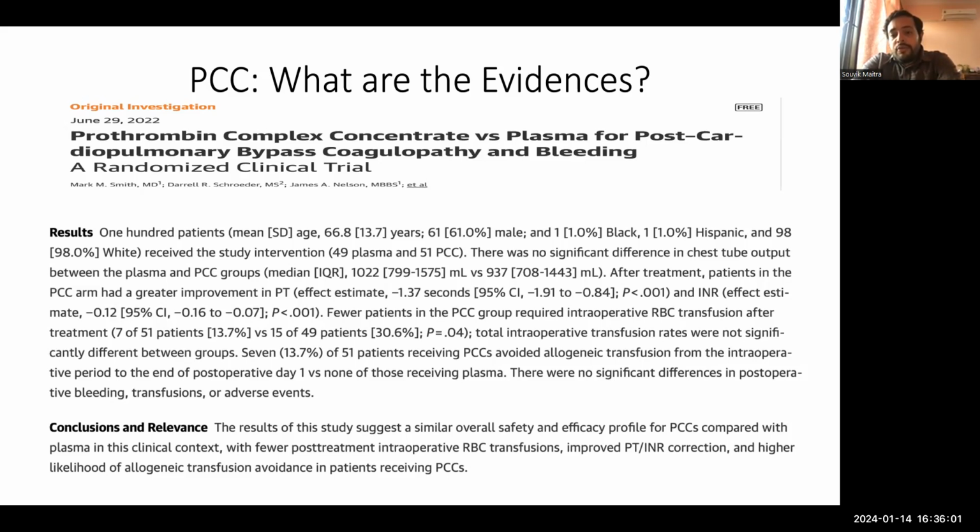There was only improvement in the requirement of intraoperative RBC transfusion. That's it. Total intraoperative transfusion rate was also not significantly different. So whether you should use PCC in this particular clinical scenario, CPB, is debatable. Probably it offers very little advantage over the standard management of coagulation.